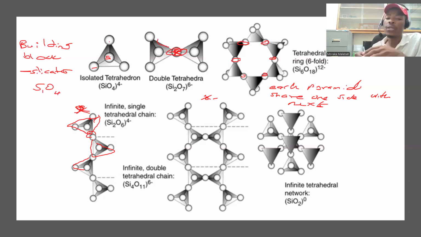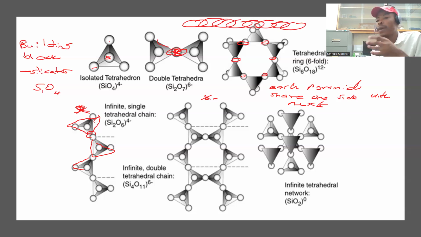But now, because they are connecting in a straight line fashion, they would form what you call a chain. It would be something like that. That's why we call them chains, because they are sharing one side.